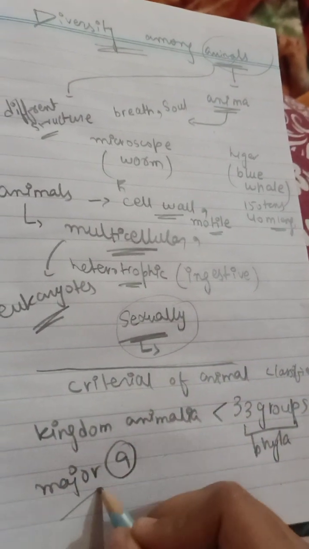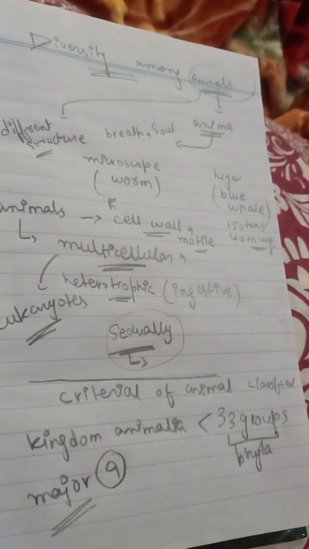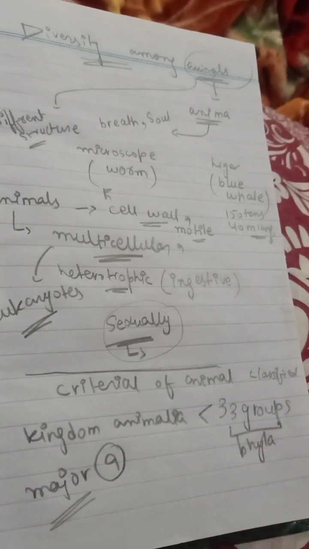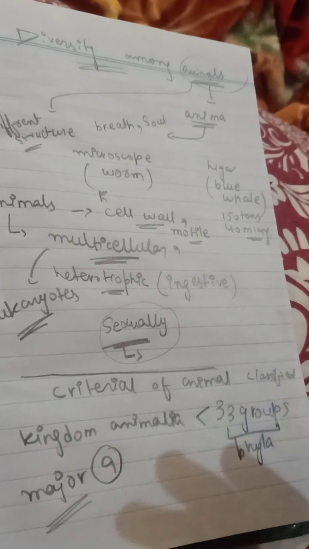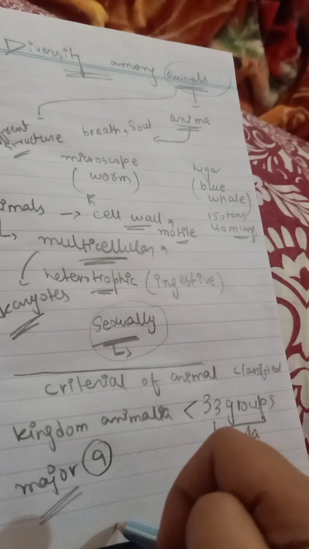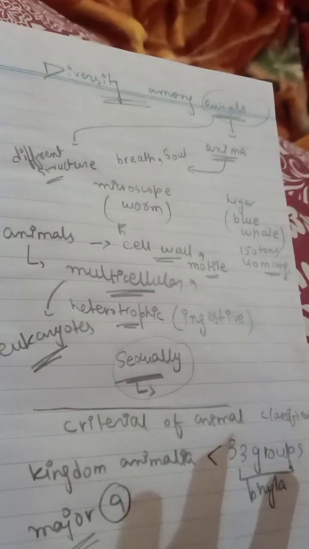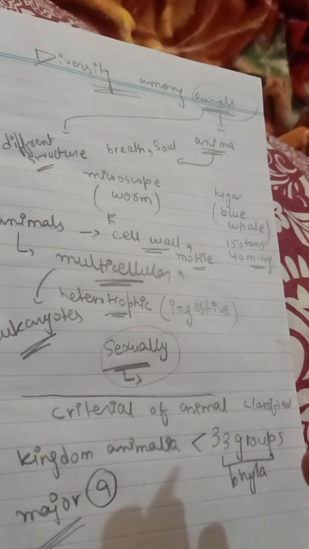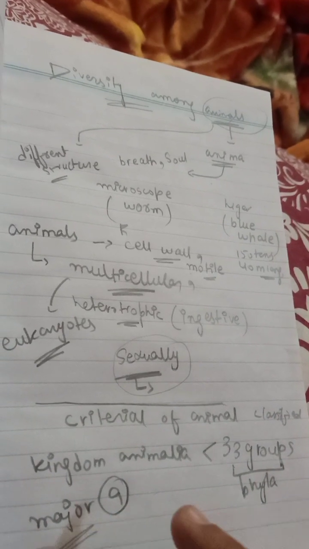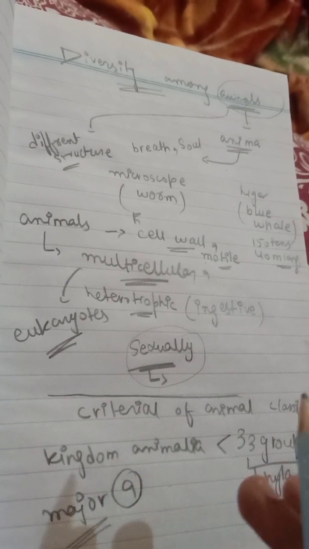If we talk about the major phyla, we have Porifera, Cnidaria, Platyhelminthes, Annelida, Mollusca, Arthropoda, Echinodermata, and Chordata, in which group we humans are. Okay, so this is a grouping system where the animals are classified. The rest are the minor phyla.